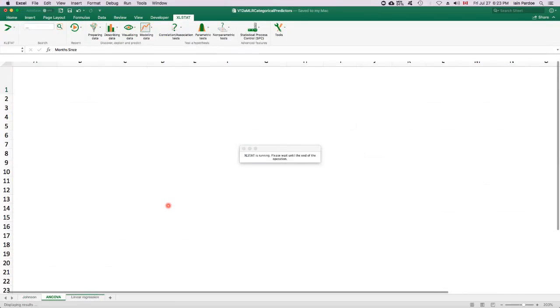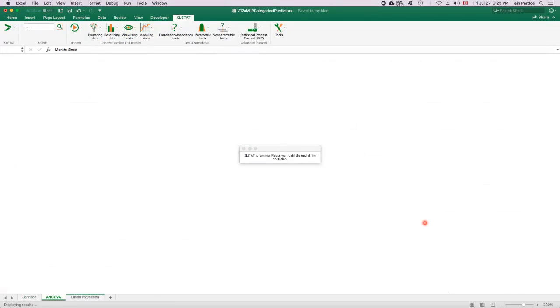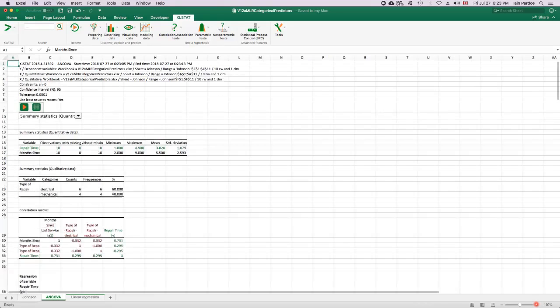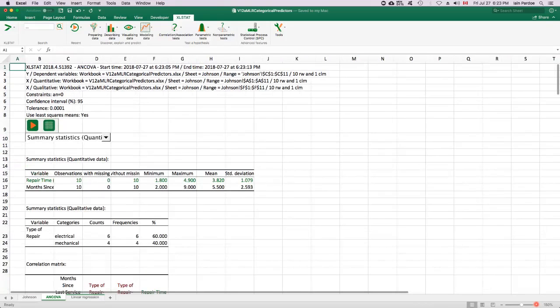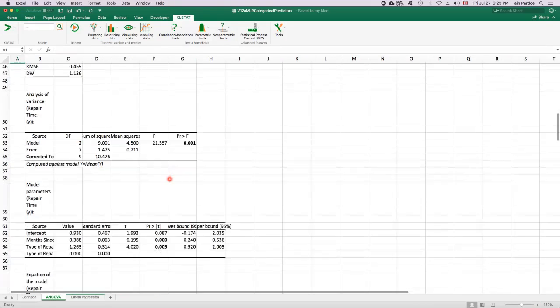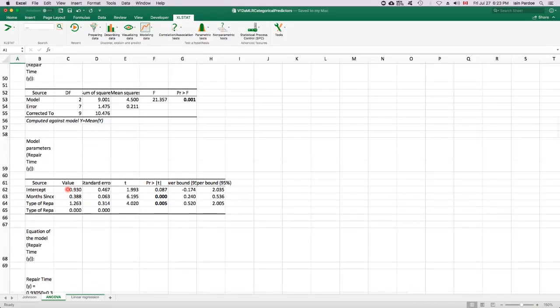So let's take a look at the results. It's taking a bit of time to draw a whole bunch of graphs. Okay, it's done now. And if I scroll down, we get the same results as we got before. Here are the three numbers that are used in the estimated regression equation.